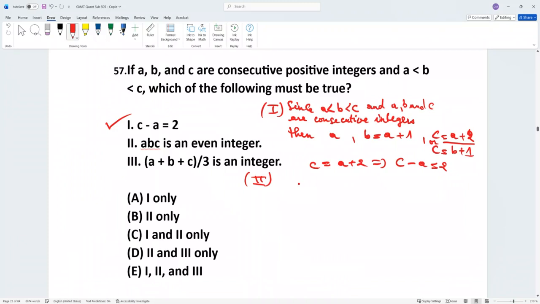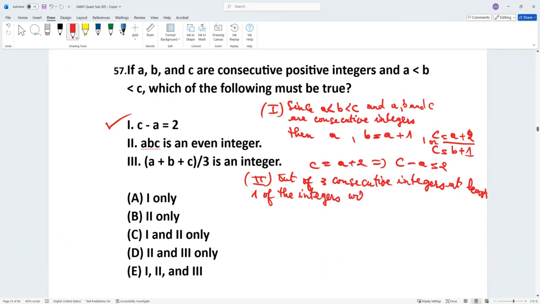Taking the second condition, since it says A, B, C are consecutive integers, then out of 3 consecutive integers, at least one of the integers will be even.